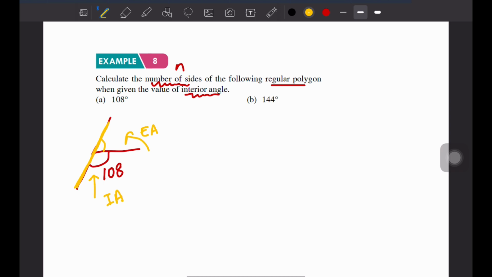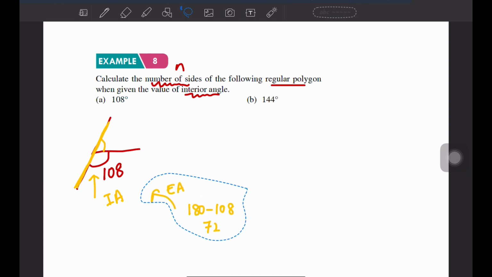So to get the exterior angle is basically 180 minus 108, so we get 72. So this area is 72 degrees.